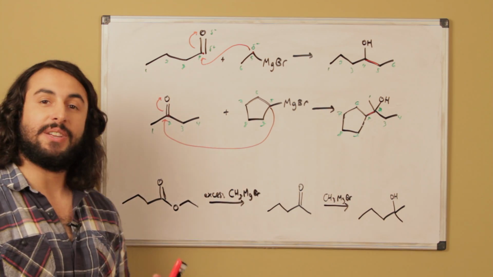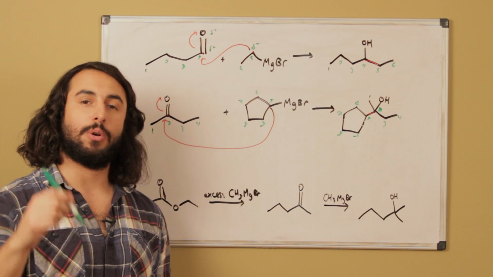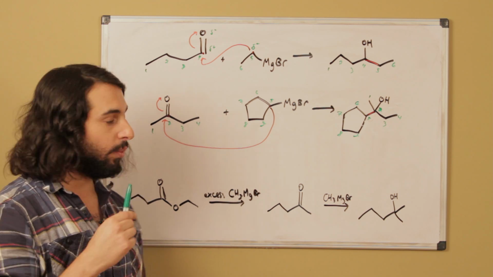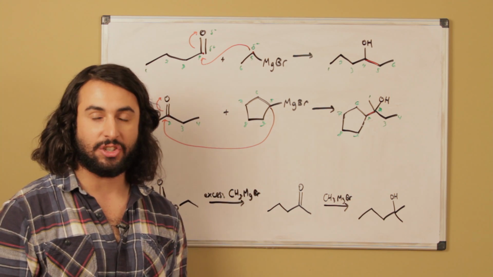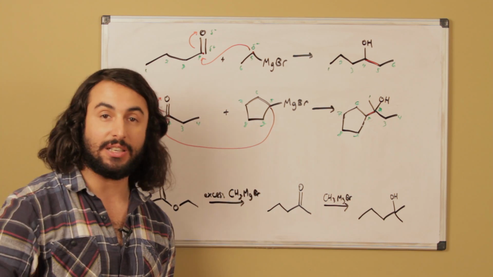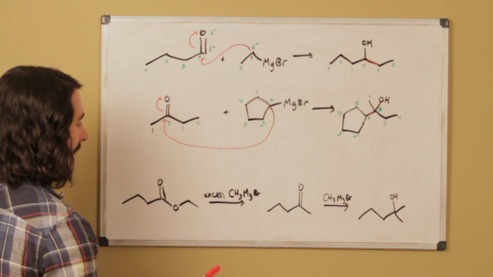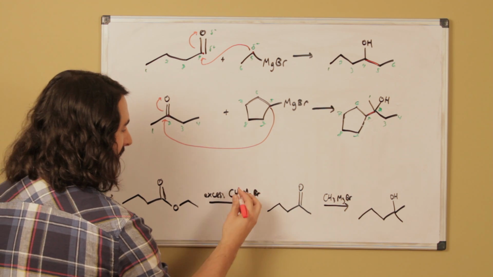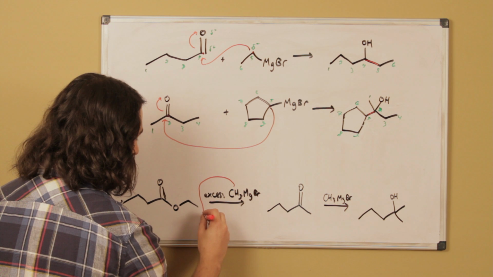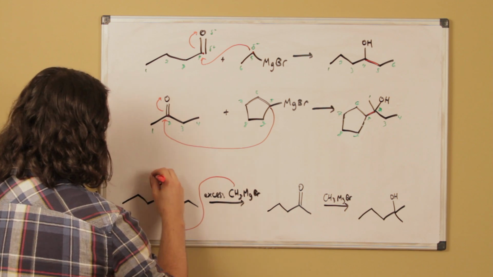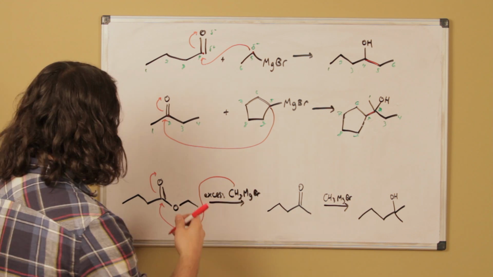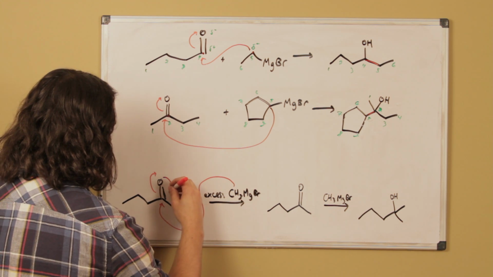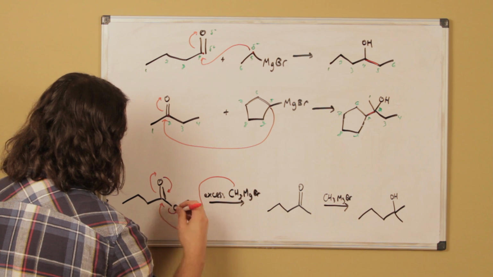Now this one's a little bit different because we have an ester substrate. And if you recall from my Grignard lecture, we know that an ester substrate in the presence of excess Grignard reagent can undergo two consecutive Grignard reactions. Because what happens is, all we have is this methyl here, so that is going to attack. That can go up there, and then we get the oxyanion, but then instead of protonating, this can actually come back down and kick off the alkoxy group.